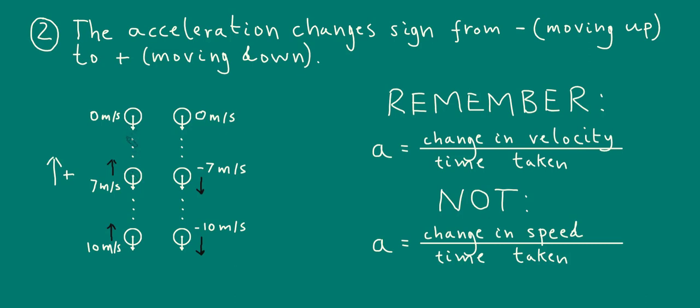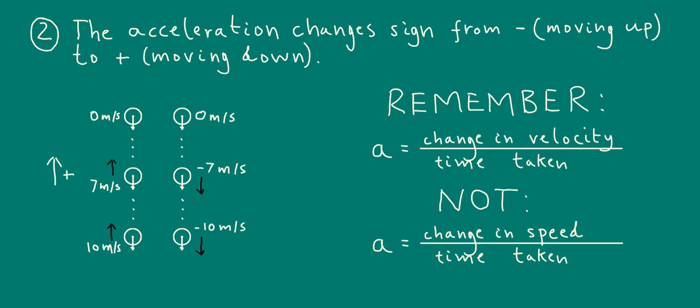And they say, if it's slowing down, surely the acceleration is negative. On the way back down, they go, well, the ball's speeding up again, which is of course absolutely true. So they think surely the acceleration must be positive. But acceleration is not about changes in speed. It's about the change in velocity.